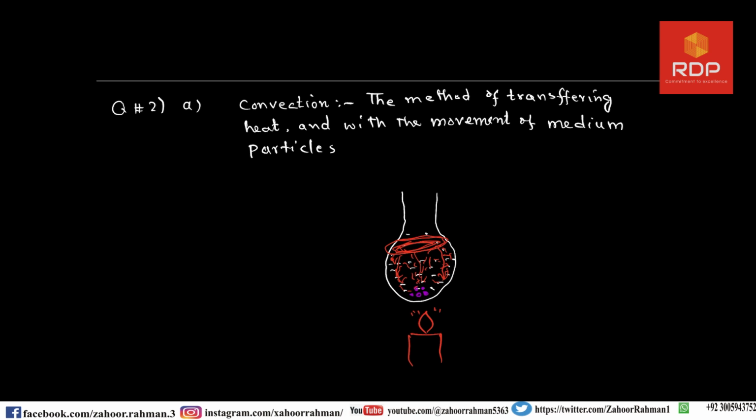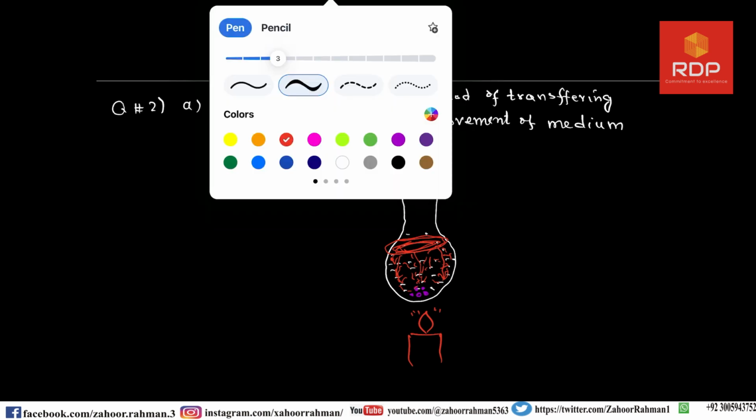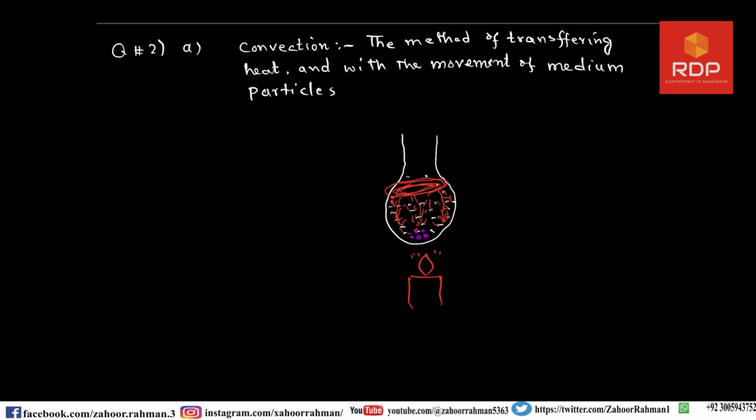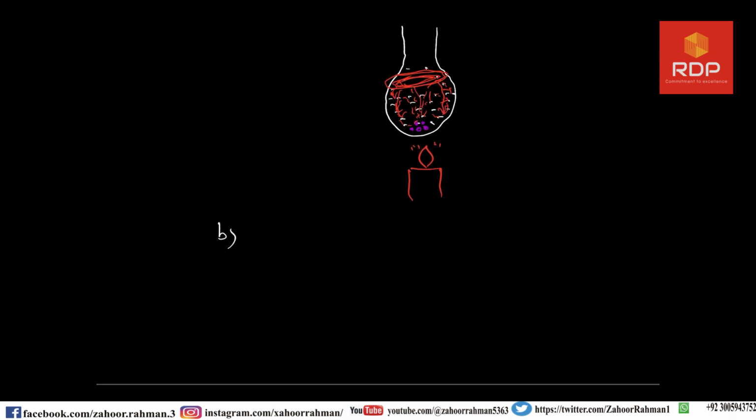The second part of this question is saying, describe an experiment to show convection currents in air.